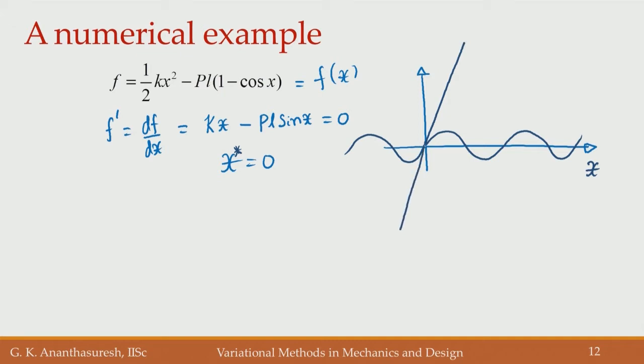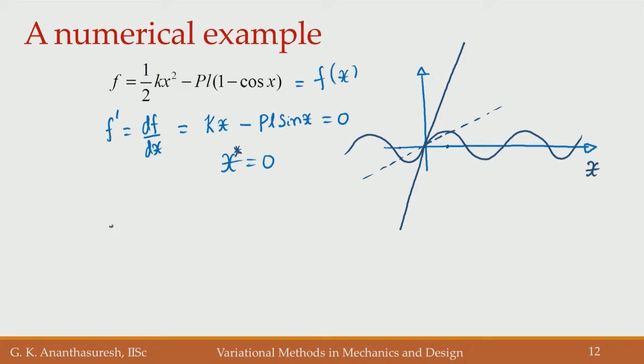Now, these two are intersecting only at the origin x equal to 0, but if k were to be different, then I have one more and a third, where these two things are equal, that is what we are saying. Kx should be equal to PL times sin x. There can be multiple solutions. So, for a simple one variable problem, there can be multiple solutions, some of them will be minima, others will be maxima or in between.